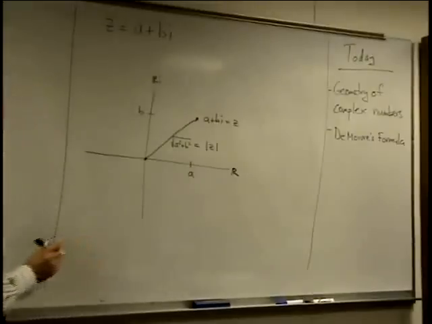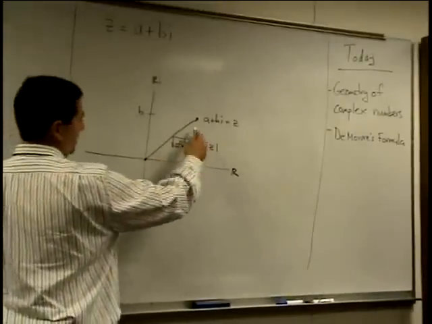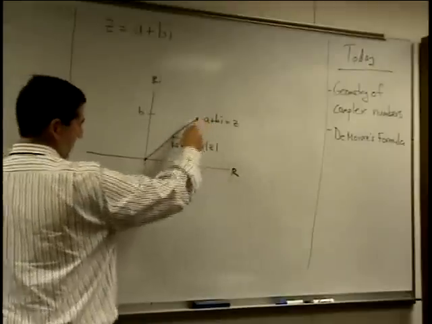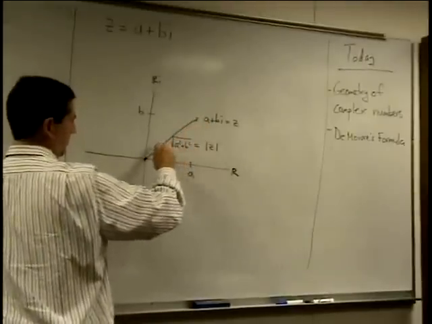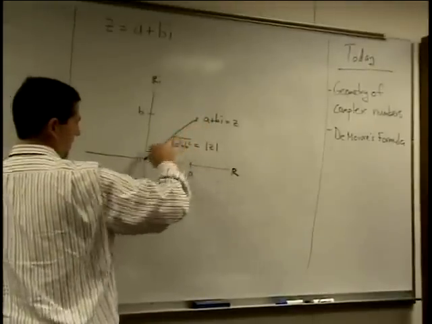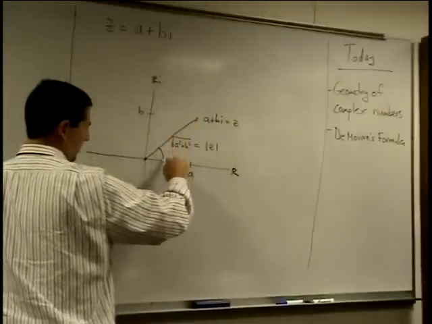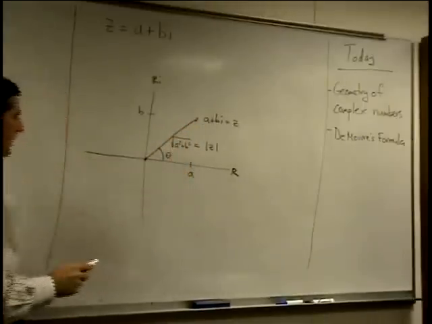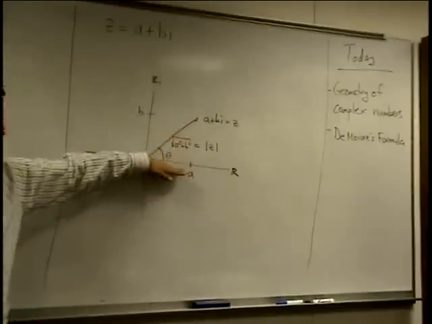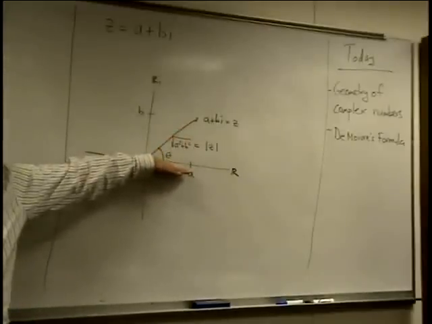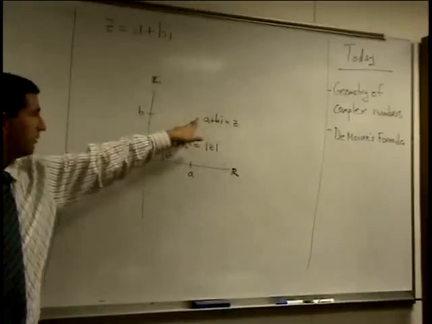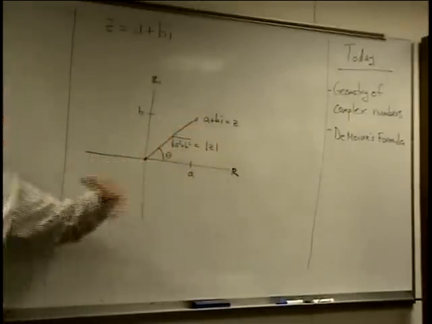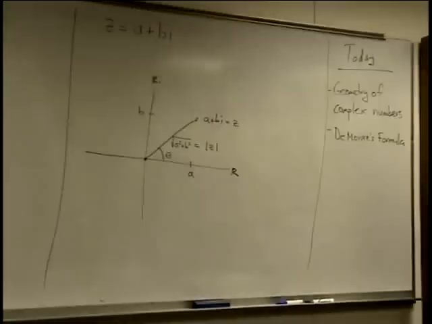Then we also notice that once you know the magnitude of this vector, then this point is also determined by the angle that this line segment makes with the positive x-axis. If you know this angle and you know how far out you have to go, that also completely determines this point. And that gave us a different way of representing the point.